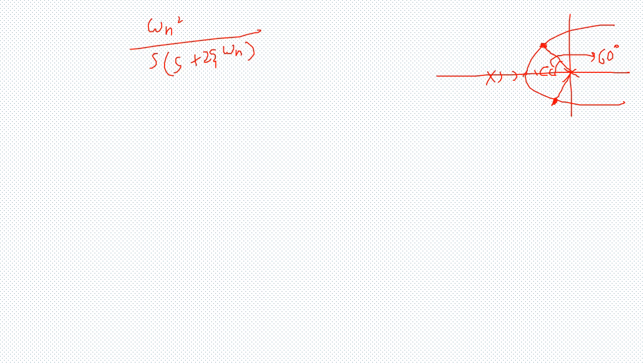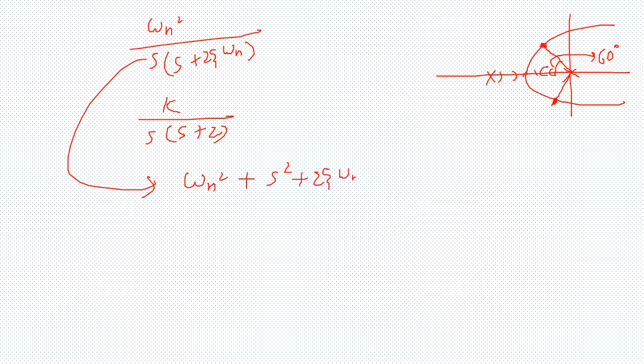Already we know that it is K over s into s plus 2. And we know that the equation s squared plus 2 zeta omega n s plus omega n squared equal to 0 will be the denominator of the entire control system, the characteristic equation.